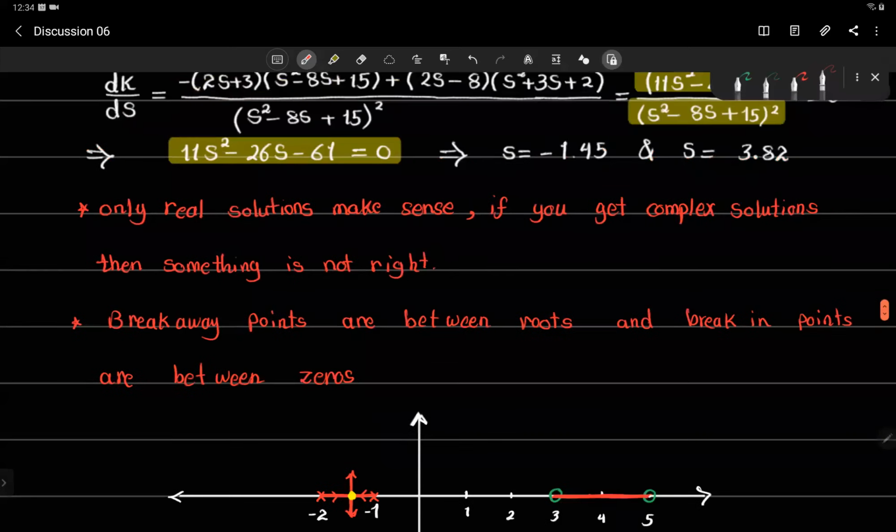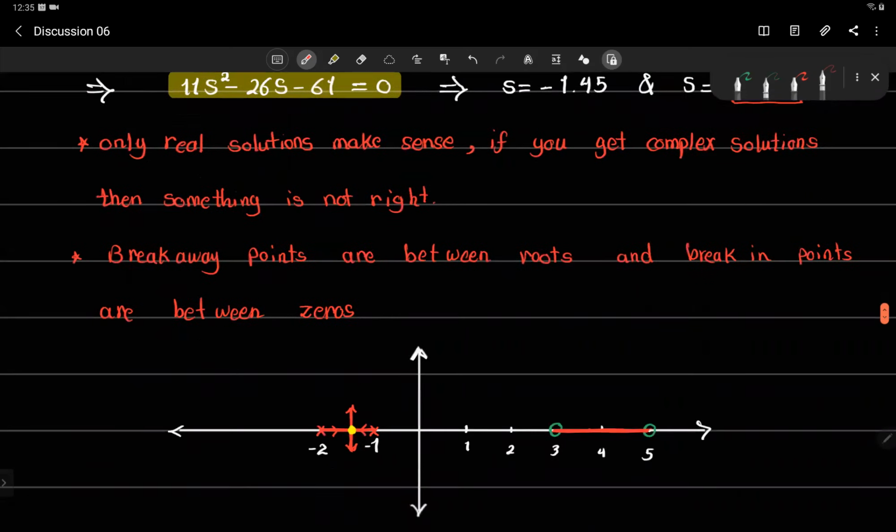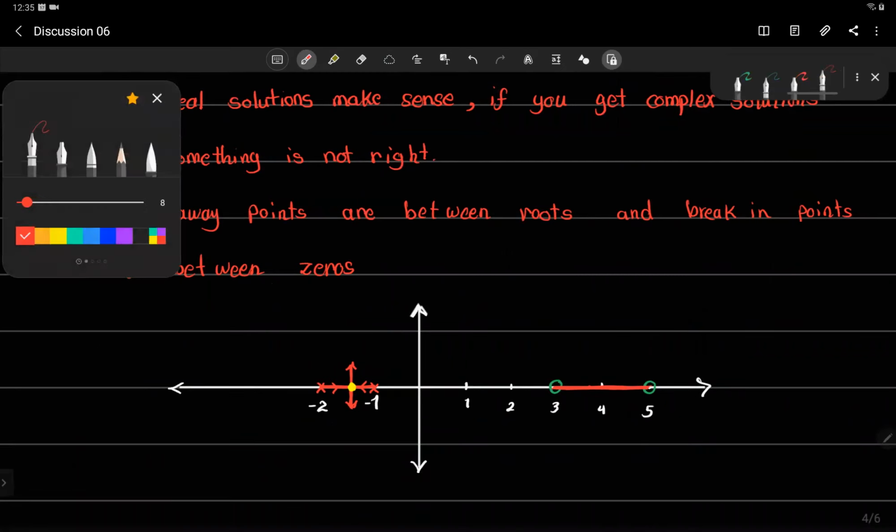When we solved for the breakaway and break-in points, we found a value between 3 and 5, which is 3.82.